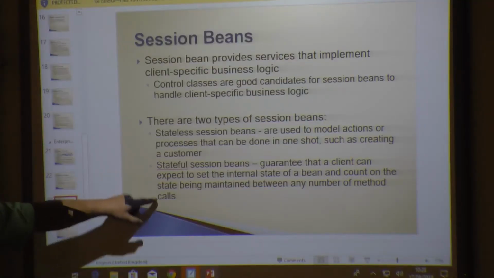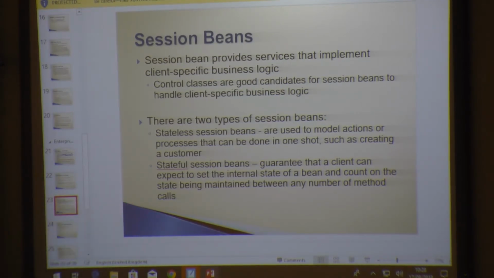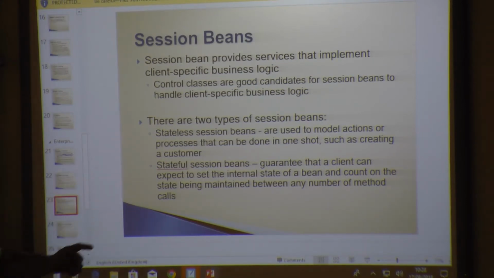Okay. Then there's a mention of stateful. It guarantees that a client can expect to set the internal state of a bean and can count on the state being maintained between any number of method calls. That information is going to be processed, it will be stored away, and it will be put away for us. What is the main difference between these two?